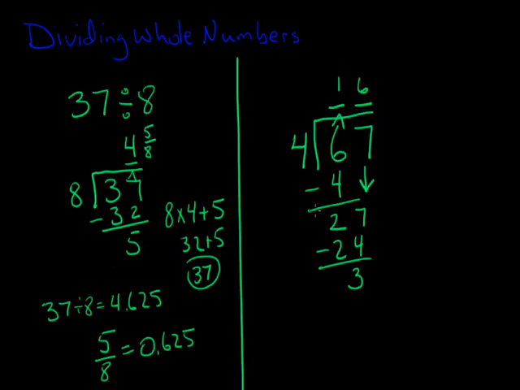You always want to divide into that number that you have in your dividend, and you always want to divide into it as many times as you possibly can. Now, there's nothing else to bring down, so your remainder is 3, or 3/4.